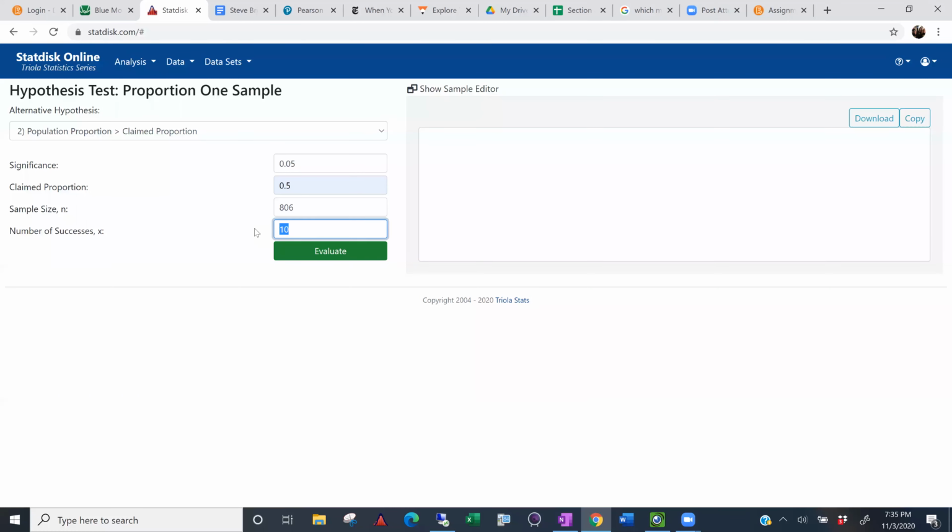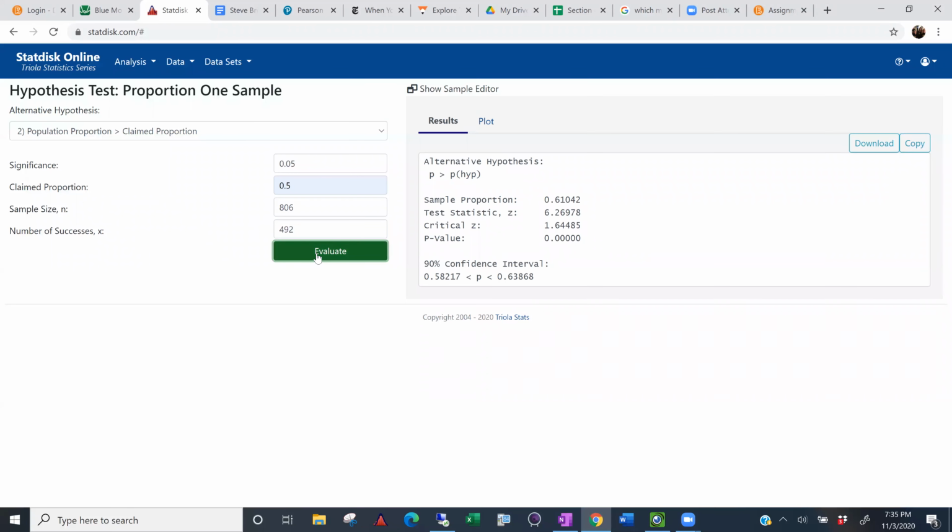And the number of successes was 492. Sometimes it's kind of funny. The number of successes does take on a perverse kind of meaning or feeling sometimes. But there we go.